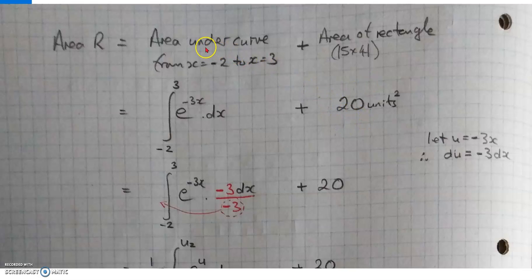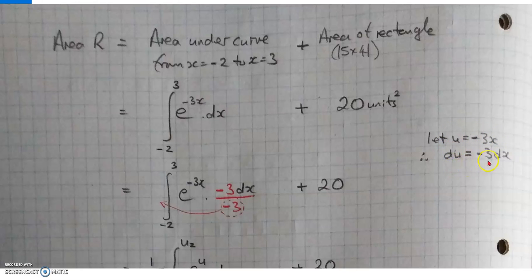All right, let's look at this thing. This is the real nuts of this problem here. We are now going to integrate e to the minus 3x between the limits of minus 2 and 3. Now, this is the little maneuver we're going to do here. We let u equal minus 3x, okay? And so if I differentiate that, I get du by dx is equal to minus 3.